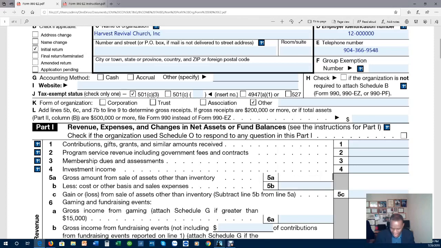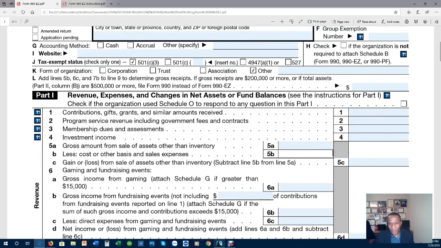Let's say you put $10,000 here, and other expenses are $5,000. Your total on line C would show whether you have a gain or loss from the sale of the asset, which is a subtraction of line B from line A. If it was $5,000, your total here would be a gain of $5,000.